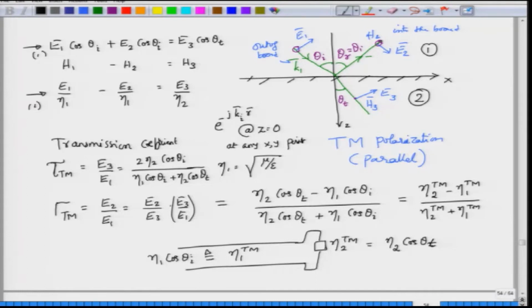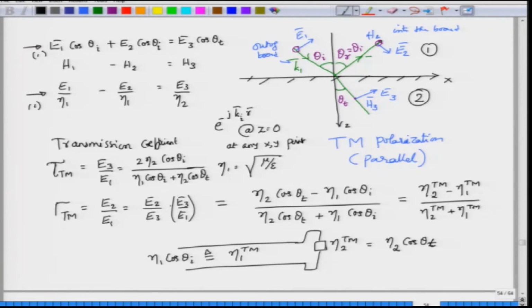So, depending on the angle of incidence, if you identify the transverse magnetic wave impedance, or the intrinsic impedance of the second medium, to be eta 2 times cos theta t and eta 1 times cos theta i, then the equation that we have written for gamma TM follows very straightforwardly.